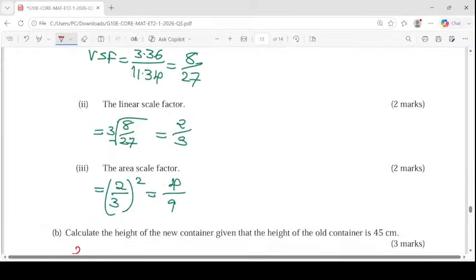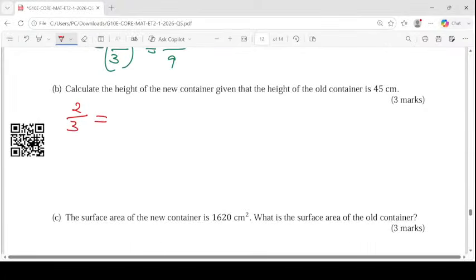The new is bigger. So that can be k over this old, which is 45. Then you can make k the subject. K will be given by 45 multiplied by 3 over 2, to give you 67.5.